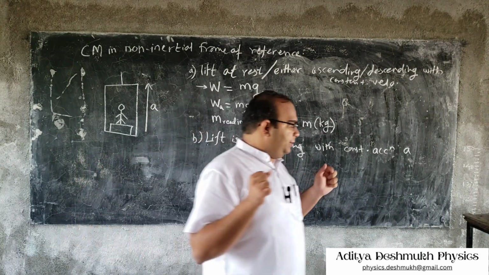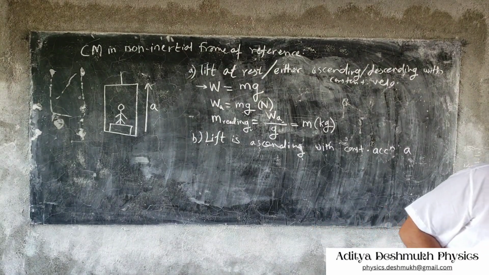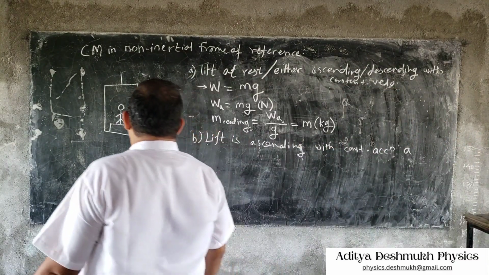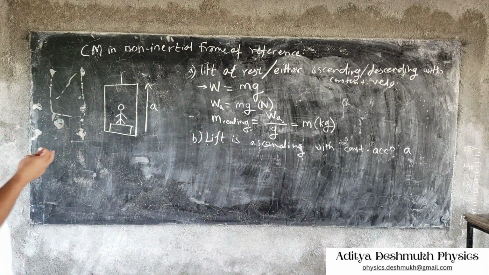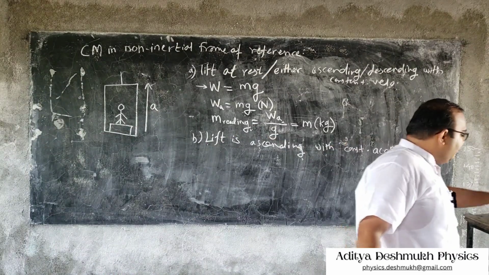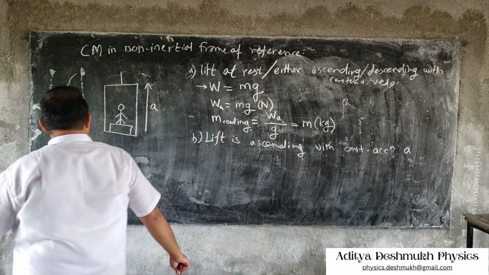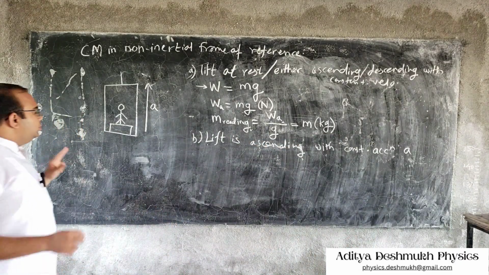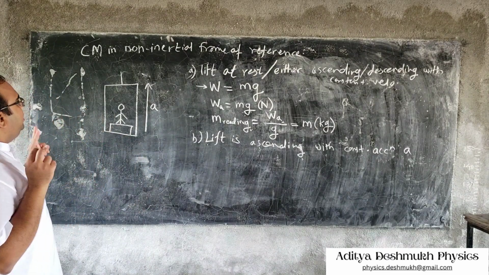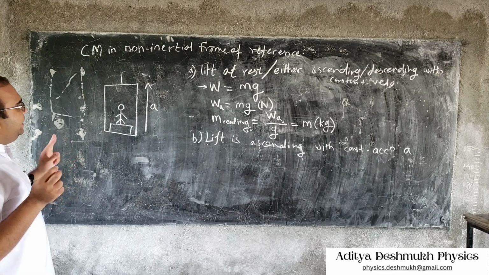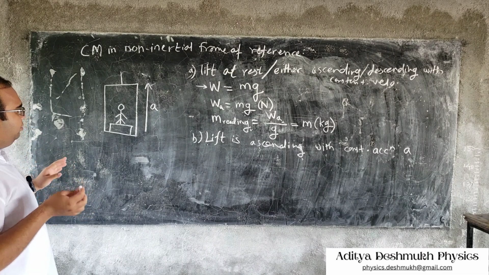So what is happening? While studying laws of motion, we have already seen this. This is just revision. To apply Newton's laws of motion in a non-inertial frame of reference accelerating with some acceleration a, what will we have to do?